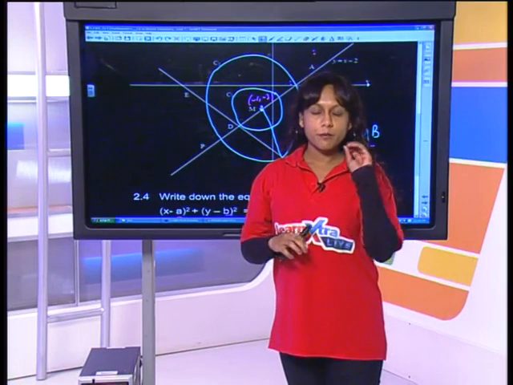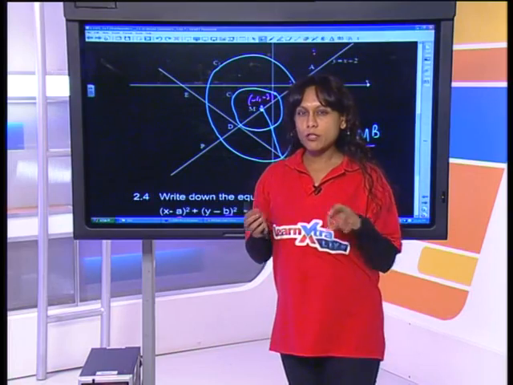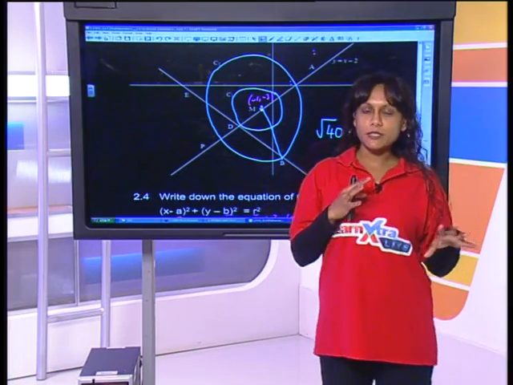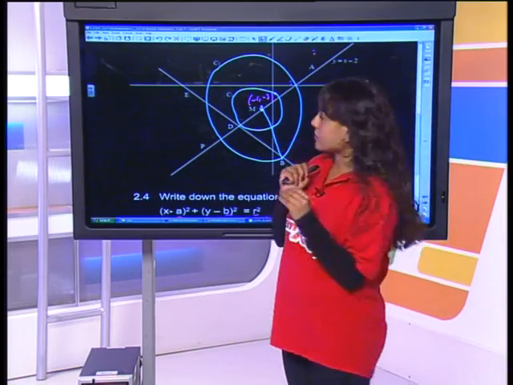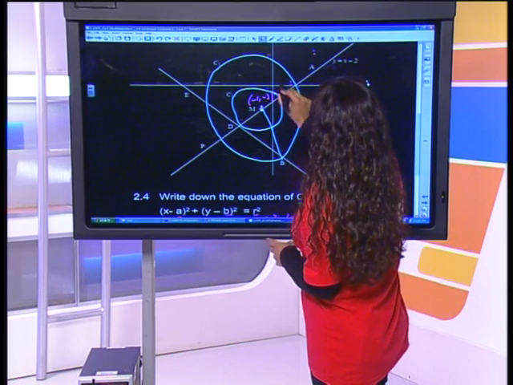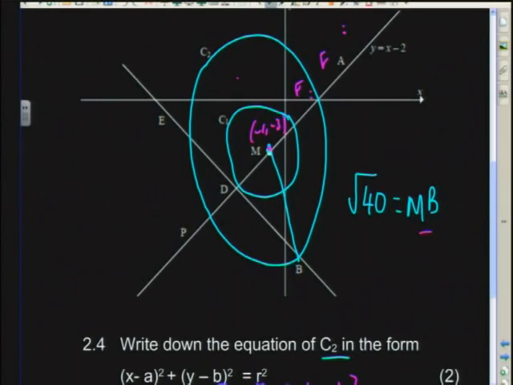The best way, in fact probably the only way, to determine that is to look at the radius. Remember, we've got the radius of circle C2: the square root of 40. If we want to find if F is inside or outside, that length MF, from the center to F, is less than the square root of 40, the length of the radius, then obviously the point F is inside the circle.